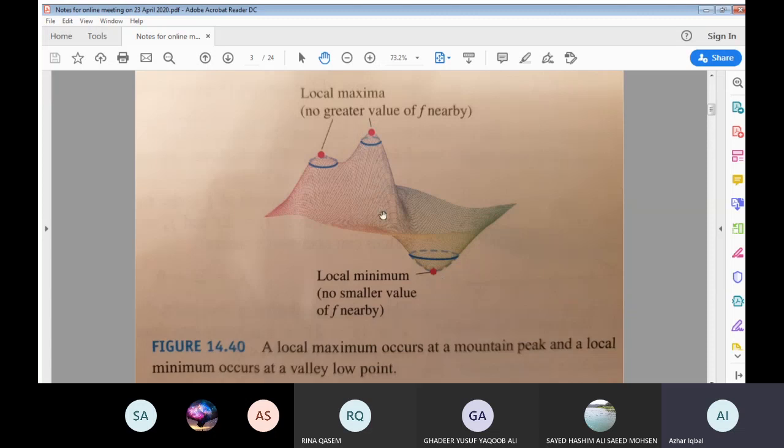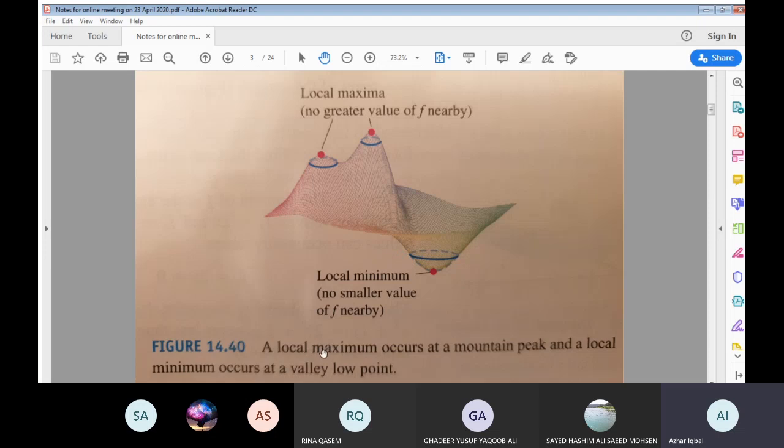However, for the same surface, this point is a local minimum, because there is no smaller value for the function than this particular one, considering all the points of the surface which are located within that disk.